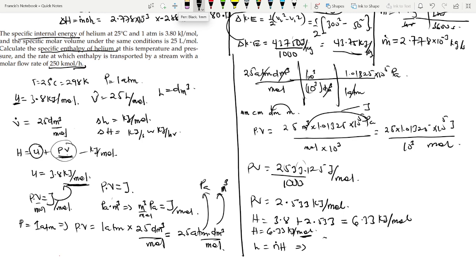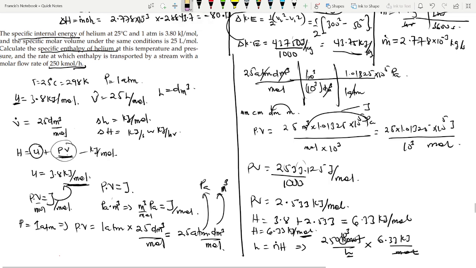So 250 kilomoles per hour times 6.33 kilojoules per mole. Right. Now the mole divides mole. We are left with kilo. So we have 10 to the power 3 here. And this is in per hour, right?